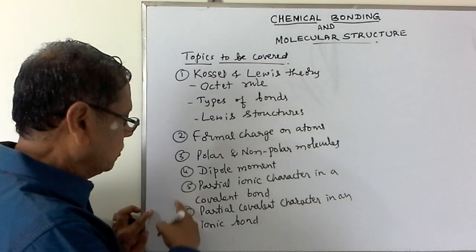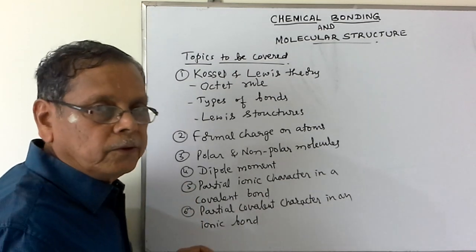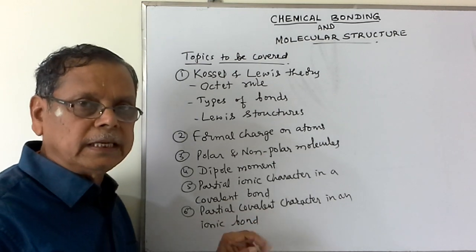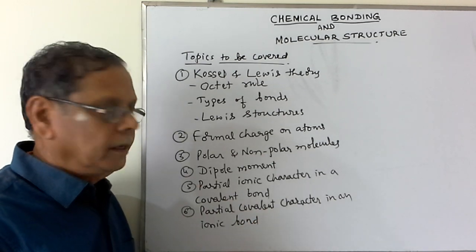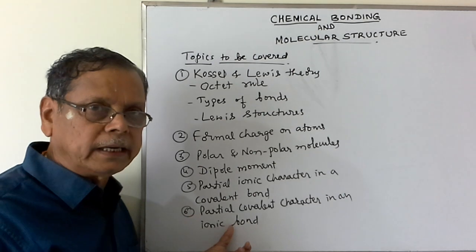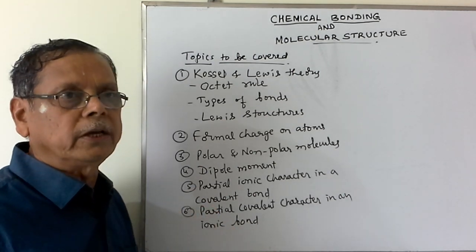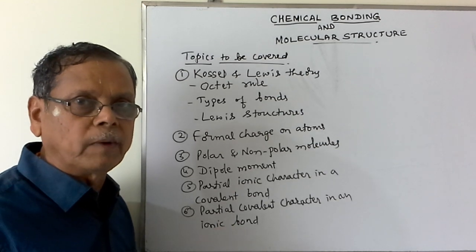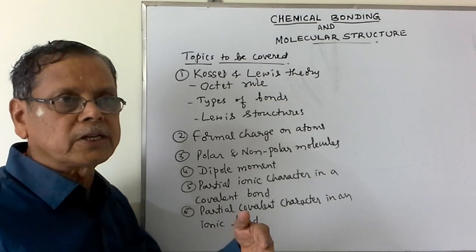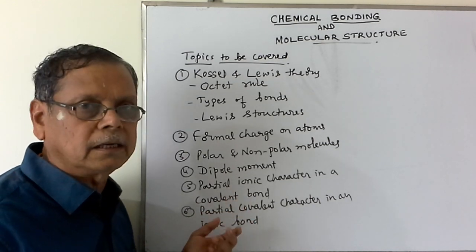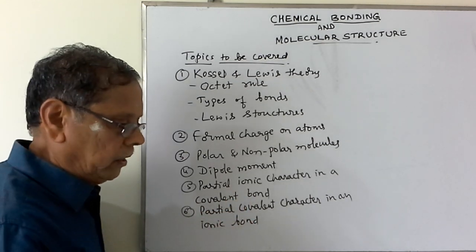So when we look into these two points, we consider that in any covalent molecule there is a partial ionic character. In an ionic molecule there is a partial covalent character. That means no molecule is purely ionic or purely covalent. So there may be an extent of covalent character or ionic character in a molecule.